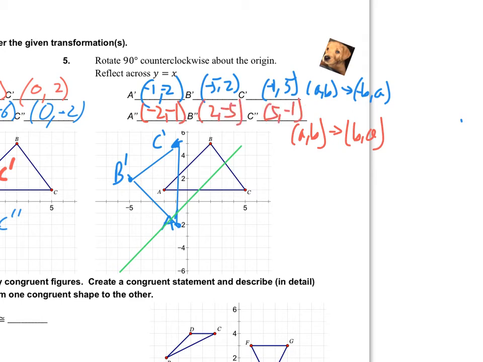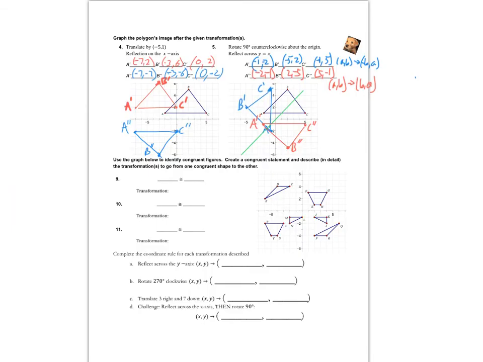And we'll flip them all. And flipping them all, we can graph them. And once we plot our points, we can draw our triangle, which should be congruent. And there we have our final triangle, the red one there. So, composite transformations. Remember, we do one right after the other there.